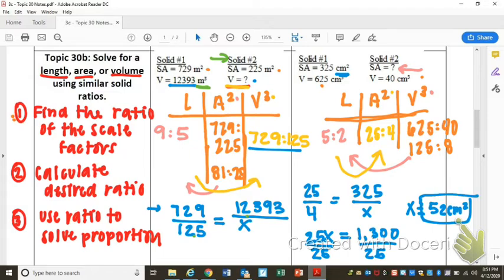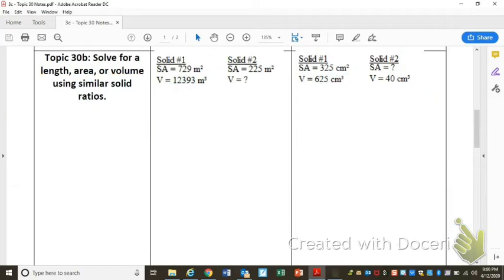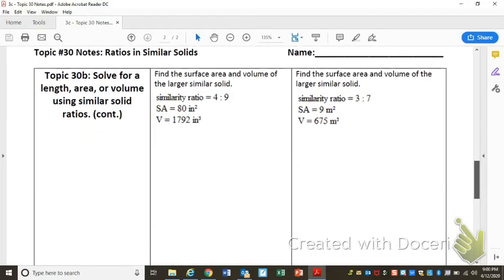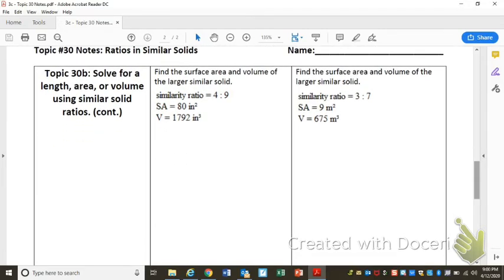All right. So we're going to use those ideas to help us with this next part here. In this case, we're going to be given the similarity ratio, so we're going to be given our scale factor, or our L column.